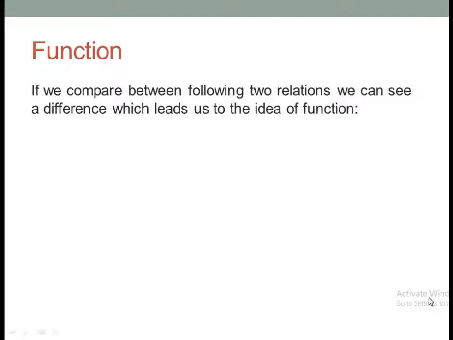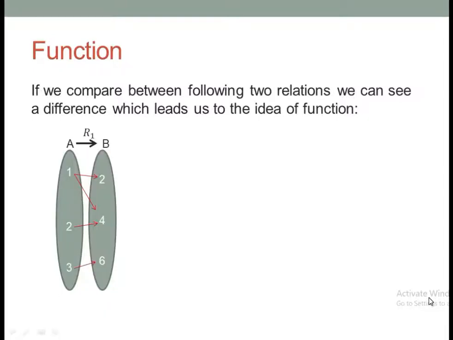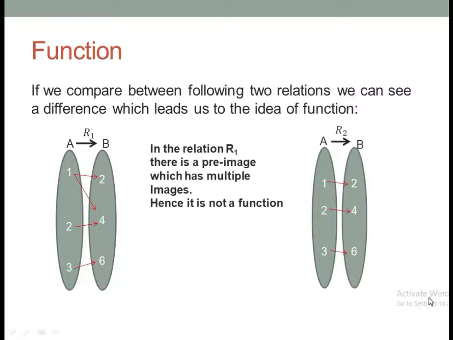If we compare the following two relations, we can see a difference which leads us to the idea of function. R1, R2. In the relation R1, there is a pre-image which has multiple images. Look at 1. 1 has two images. This characteristic of a relation is the limitation for it to be a function.